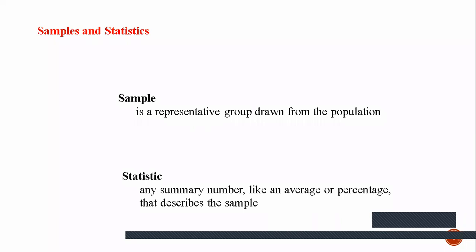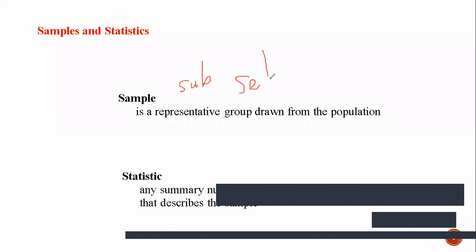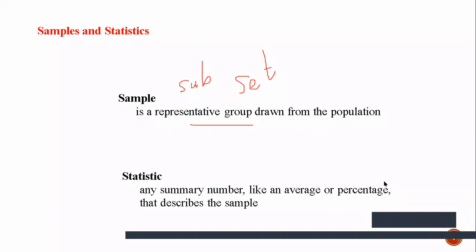The sample, we have already discussed this, is a kind of subset or a representative group drawn from the population. And for the statistic, any summary number like an average or percentage that describes the sample, we call them the statistics. That is it.